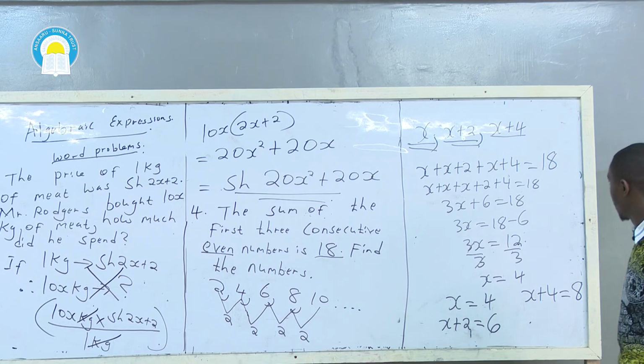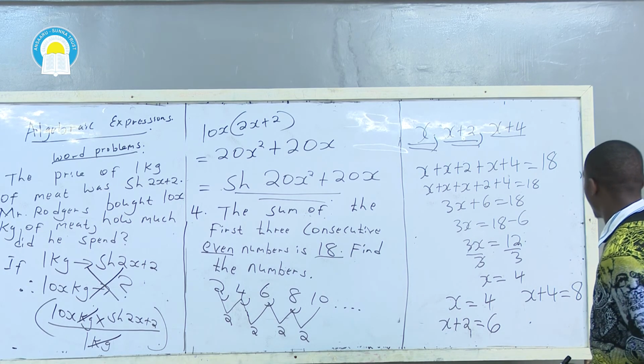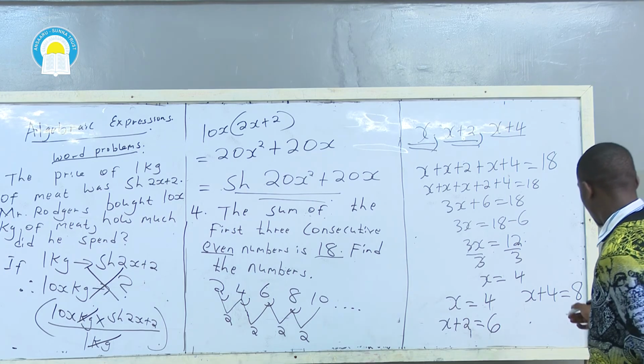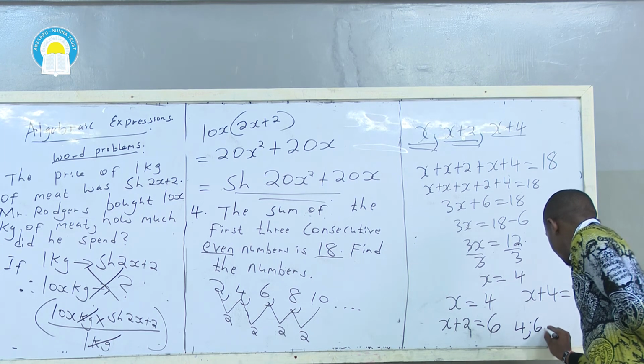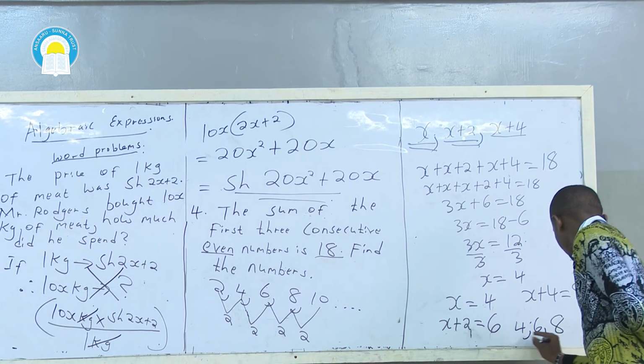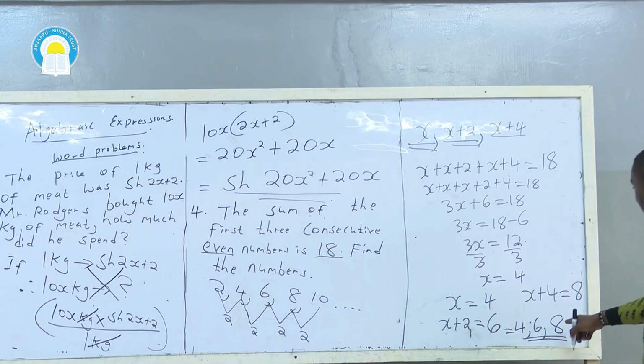It therefore means that our even numbers will be 4, 6, and 8. These are the numbers that we are looking for.